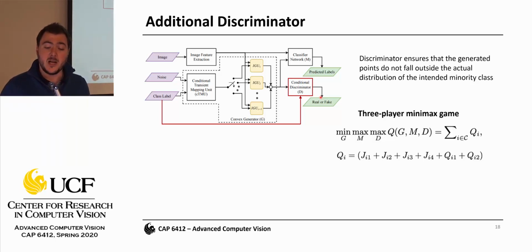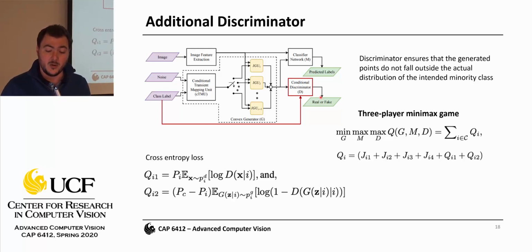And then it becomes a 3-player minimax game where they have to minimize the loss on the generator and maximize the loss both for the classifier, as we saw before, and now for the discriminator, which they call Q, and that will be the loss they're now maximizing.